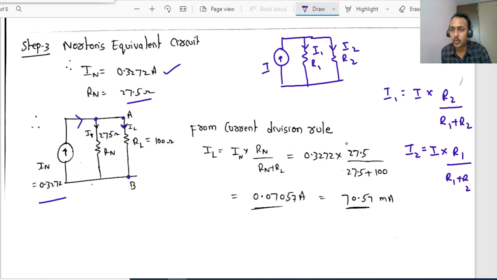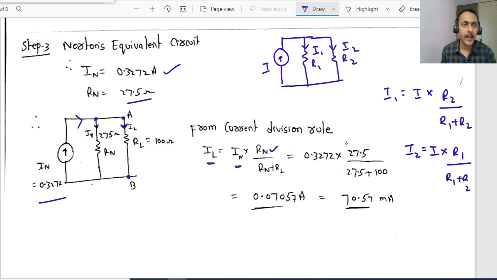Similarly, here also I want IL equal to total current IN into opposite resistance. What is opposite to RL? RN is there. RN divided by RN plus RL.